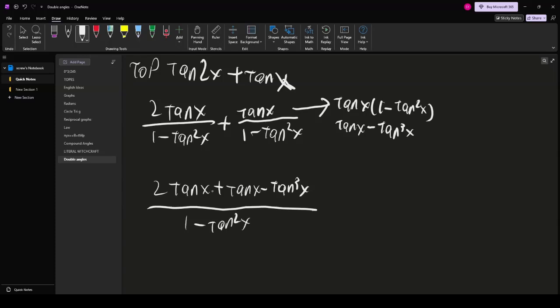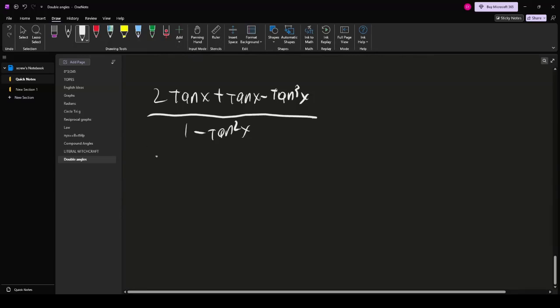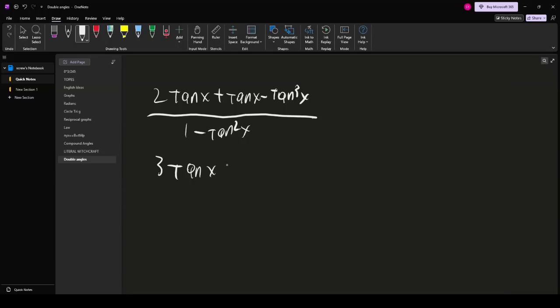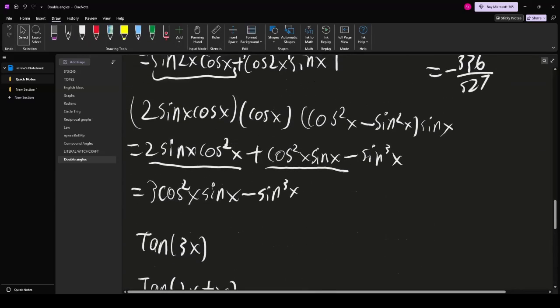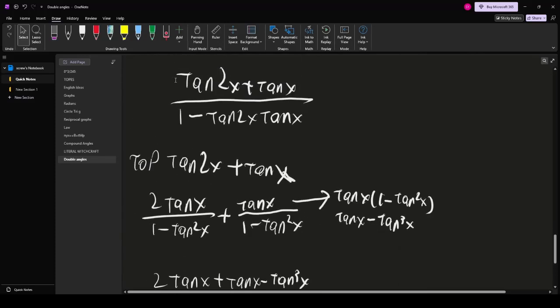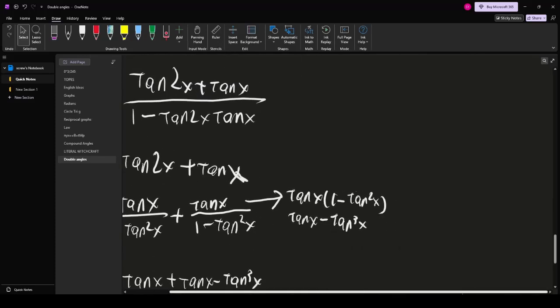Combine these like terms, and the top is 3 tan x minus tan cubed x over 1 minus tan squared x. So that's just the top, right? So now we're going to work on the bottom.